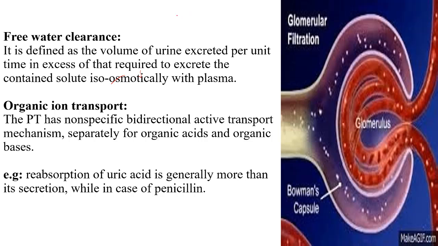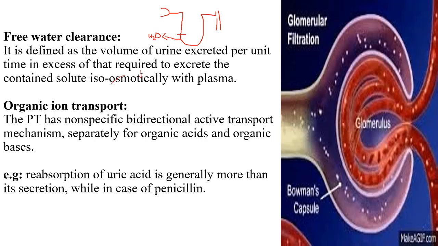So think this is your nephron. Here the descending loop of Henle will only reabsorb water, isn't it? When it is reabsorbing only water, what will happen? Here the solution becomes hypertonic, which means there won't be much water here, there will be only solutes.